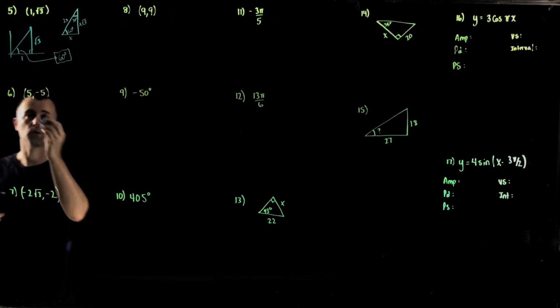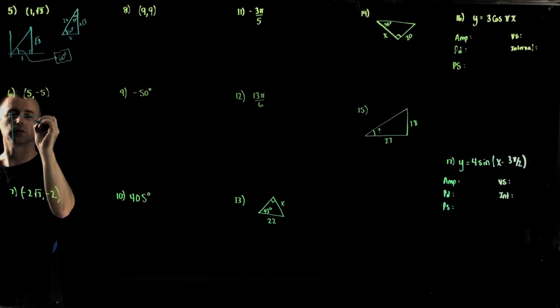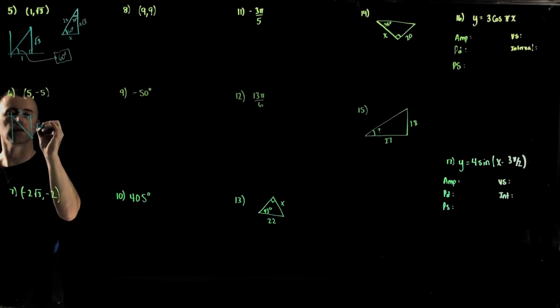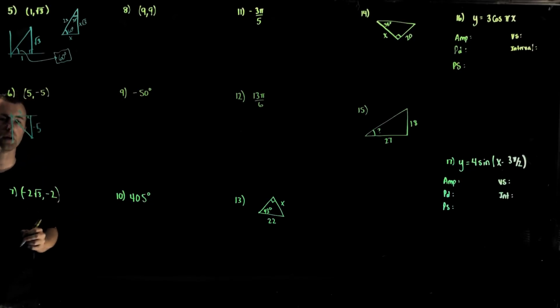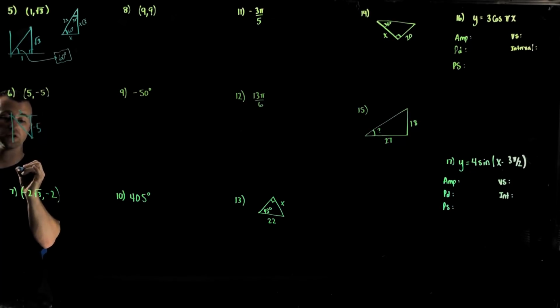So on this one, we're going right and down. So in this case, I'm in the 4th quadrant. So I'm going to draw my triangle right here. And again, we're going right 5, down 5. I don't know why I almost tried to write a radical there. So the special right triangle in this case is going to be a 45, 45, 90.